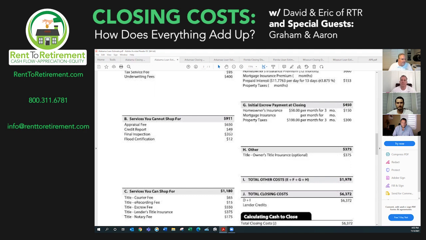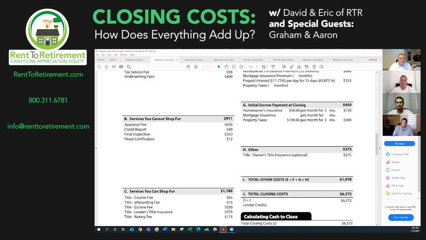And the reason we do this is because the government requires us to be as accurate as possible. If anything changes from the loan estimate to the final closing disclosure and goes outside of the tolerance level, we have to send something out to the borrower.